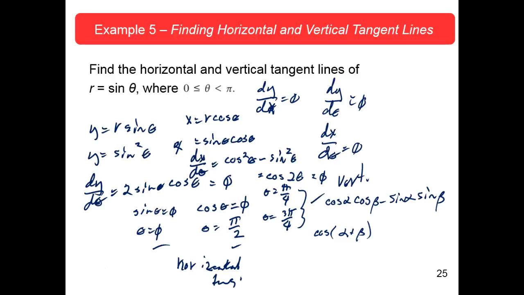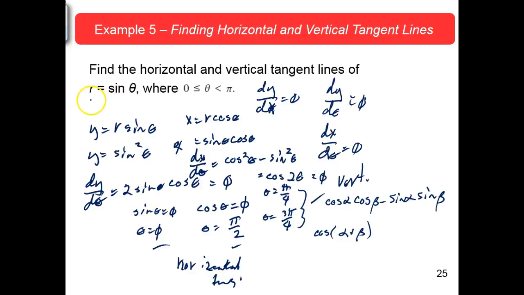They said the tangent lines. So what we need are the points is basically what we need. So we know that when theta is equal to 0, that's where a horizontal tangent line is, right?